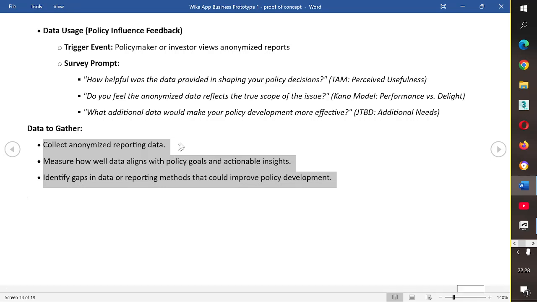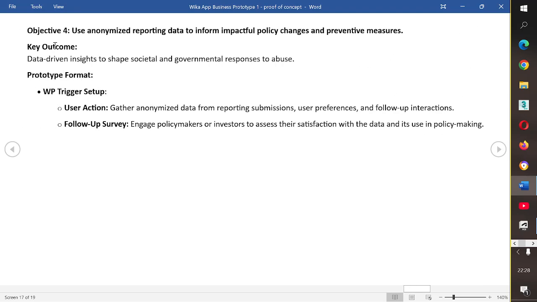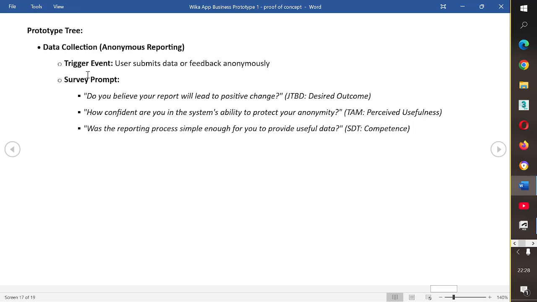You see, this prototype has two aspects. I'm calling it the prototype format, which is the screens they click through. And then we have the survey itself. The survey asks them questions having clicked through the prototype.